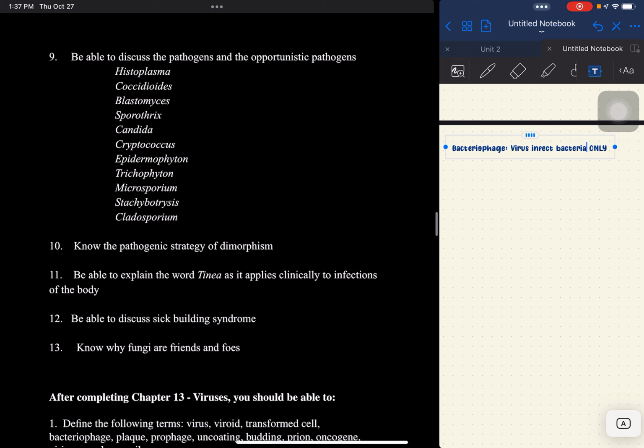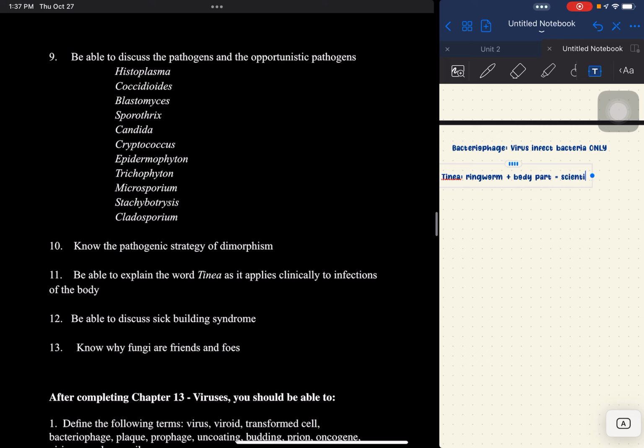Because the dermatologist didn't want to say you have an infection by Trichophyton, Epidermophyton, or Microsporum, they came up with the word tinea to mean ringworm overall, because you treat all ringworm the same no matter what organism it is. You just give an antifungal and it gets rid of it.